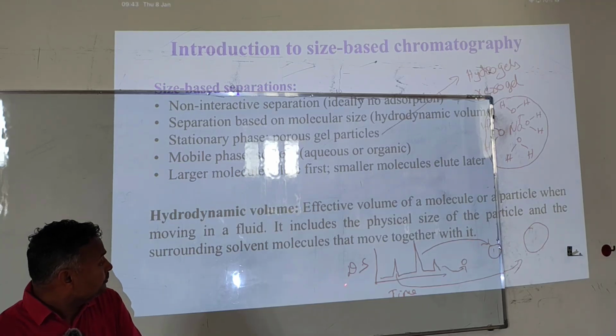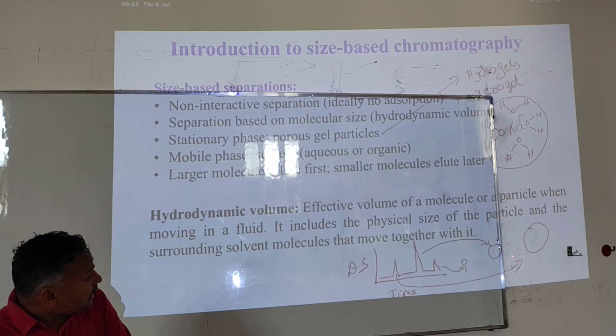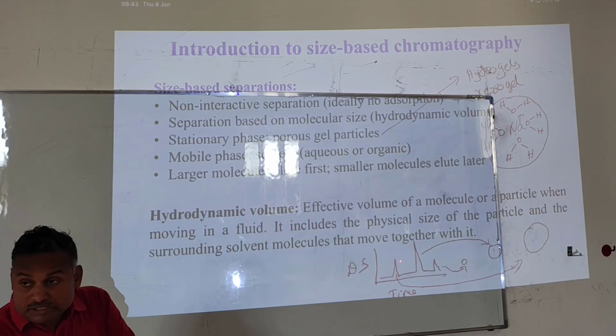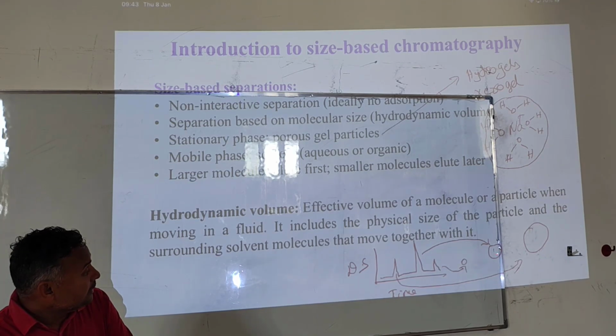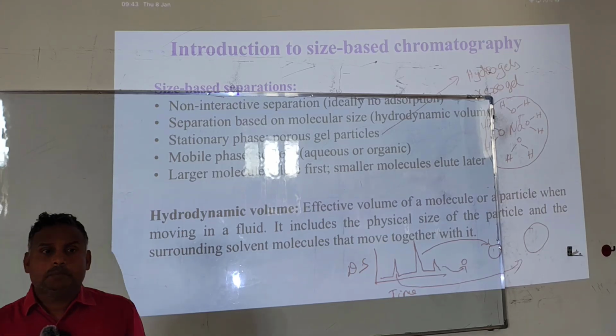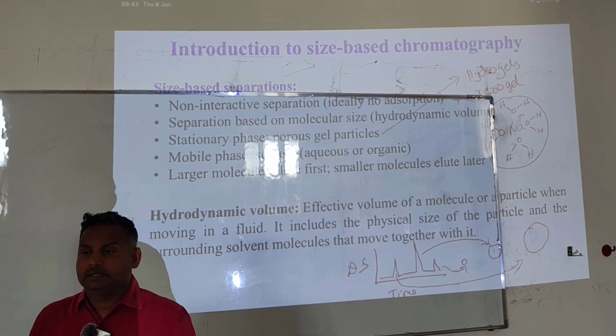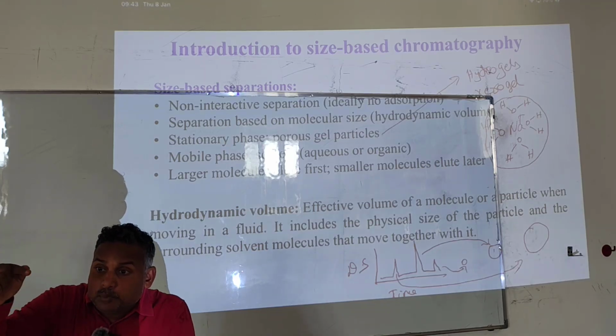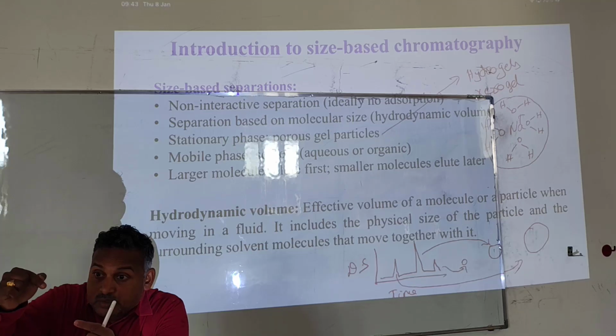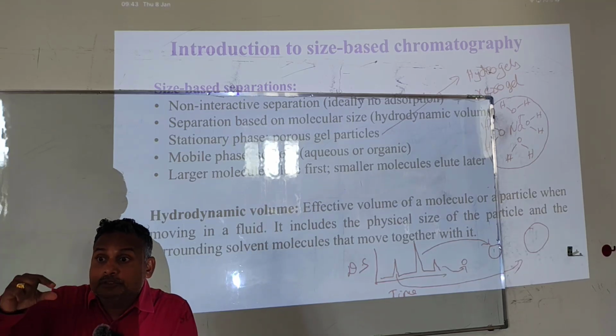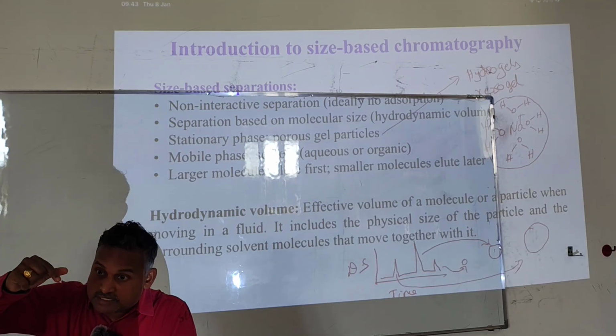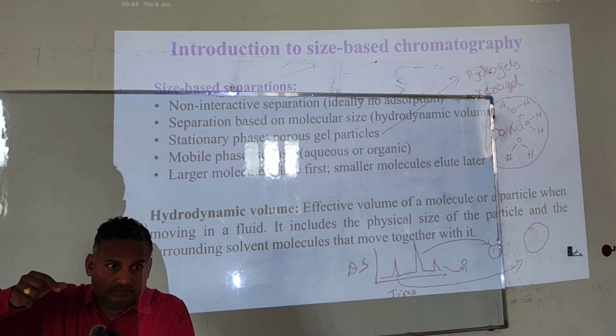Yes. So the molecule which spends the shortest time in the column is the biggest molecule, and then medium and then small. Now I am going to tell you why this is happening. Let me explain. The stationary phases are having pores. Different stationary phases are having different pore sizes also.